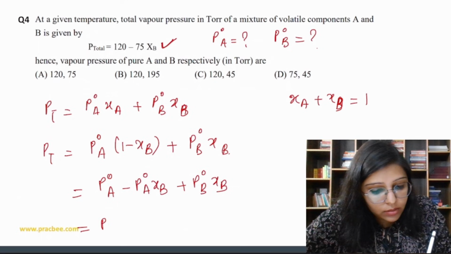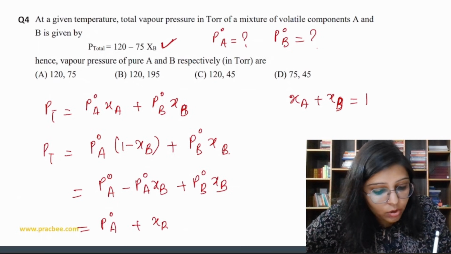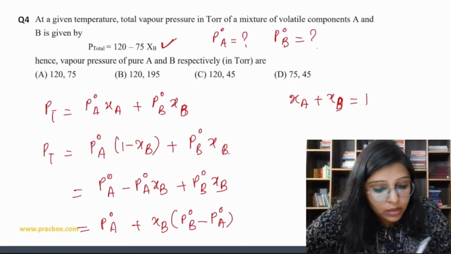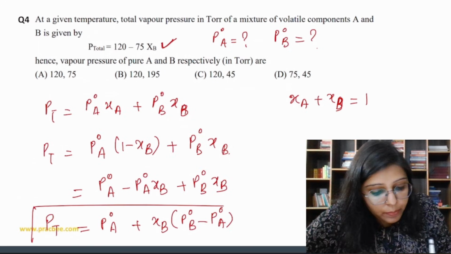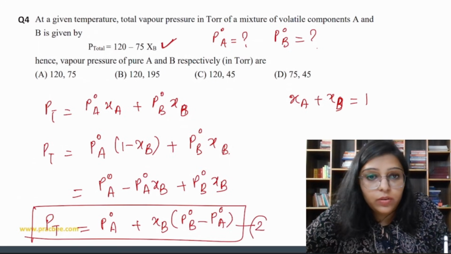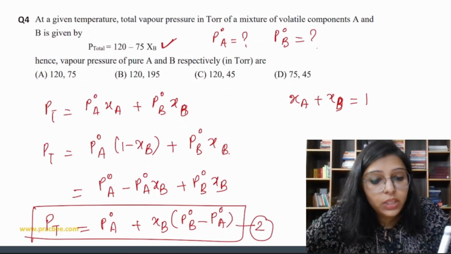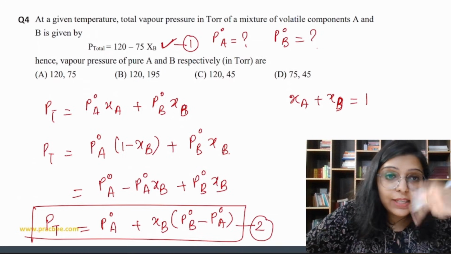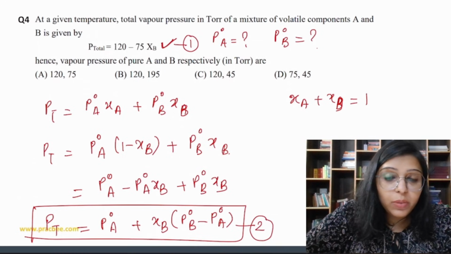So with XB common, this is P naught A plus (P naught B minus P naught A) XB. Now we are going to compare this equation, which I am taking as 2, with equation number 1.